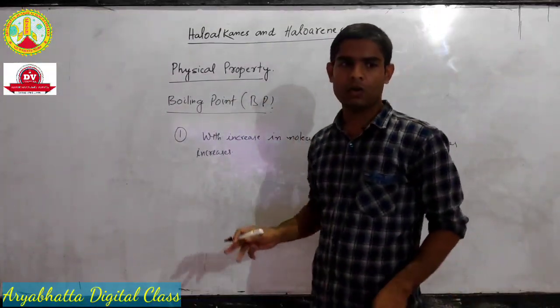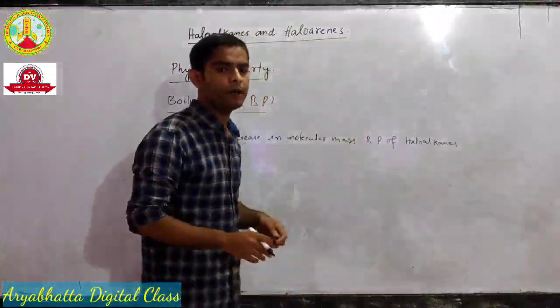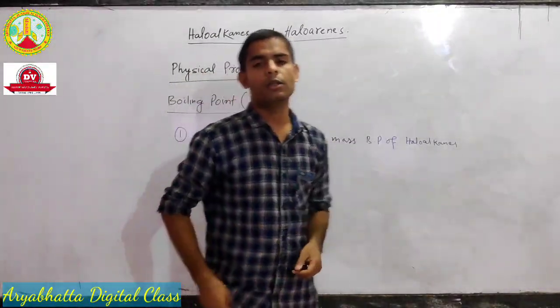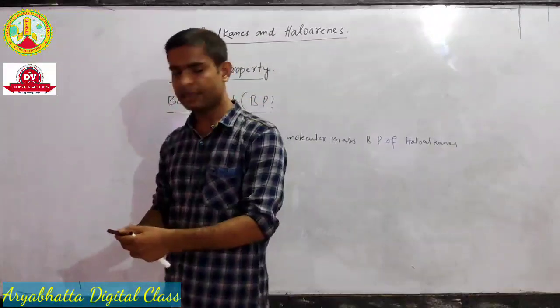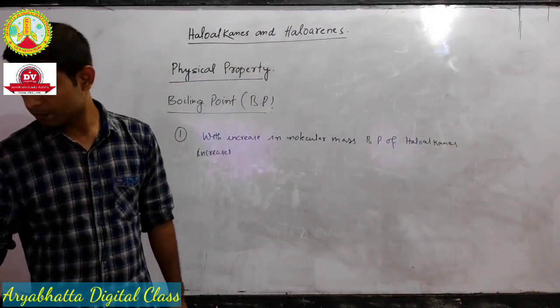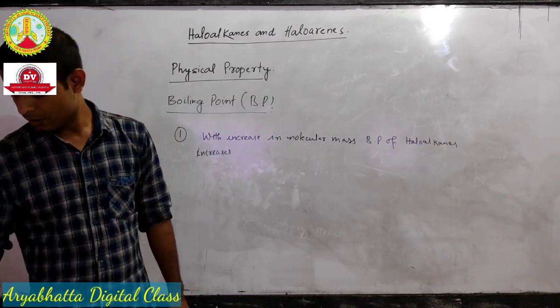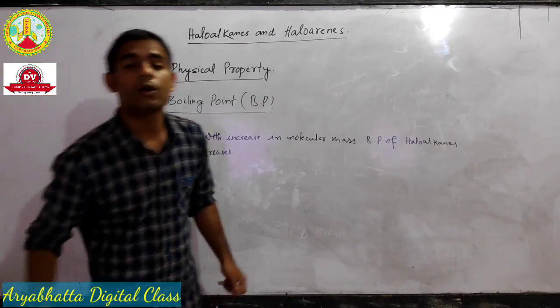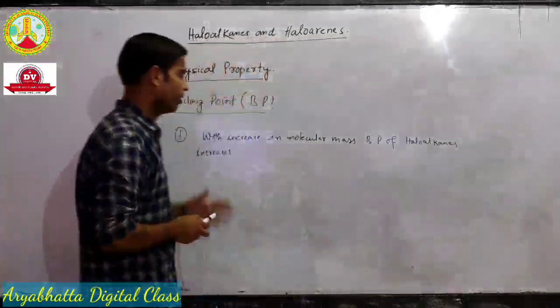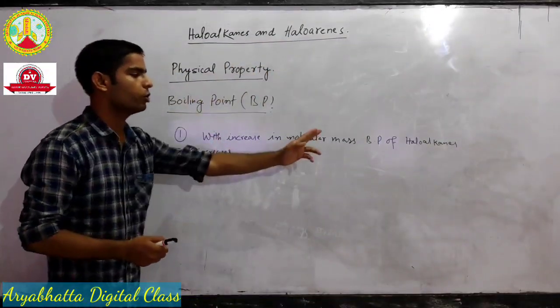In this topic, physical properties, most of the time reasoning questions are asked, so we will discuss the reasons. Why does the boiling point increase with increase in molecular mass?